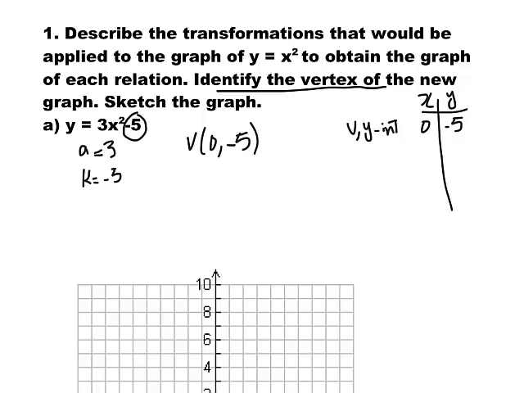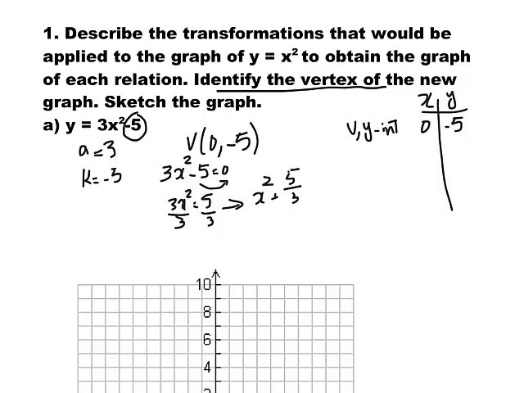Now we are going to find the x-intercept. The x-intercept is when y is equal to 0. So we have to solve this equation: 3x squared minus 5 is equal to 0. Move the 5 to the right, so we get 3x squared is equal to 5. Divide by 3, we get x squared is equal to 5 over 3.